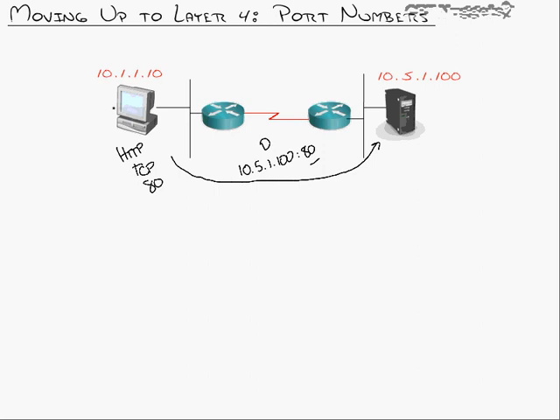The computer over here on the left-hand side also generates source ports because your computer, in a way, is like a server as well. It's running all kinds of applications at the same time. I'm looking at my taskbar at the bottom. I have one of those fancy Dell 30-inch monitors, so it's just huge. But still, my taskbar is filled with all of these different applications that I have running.